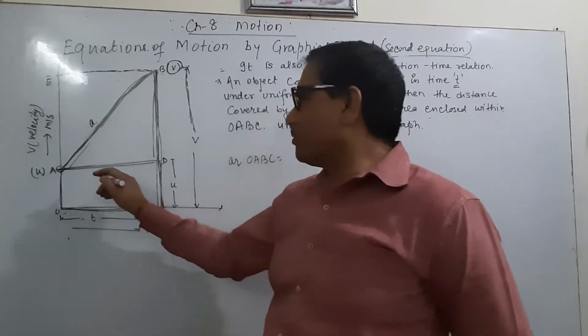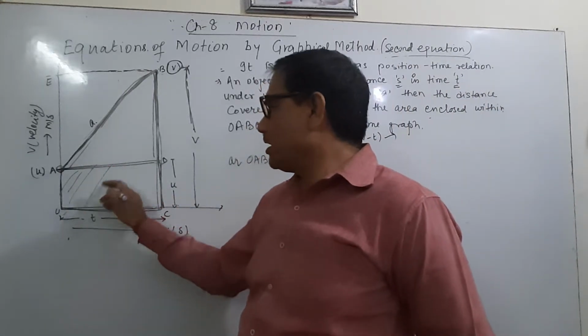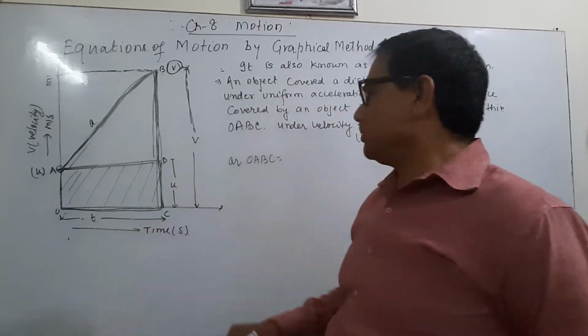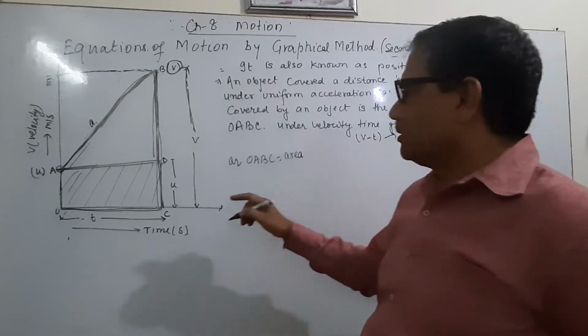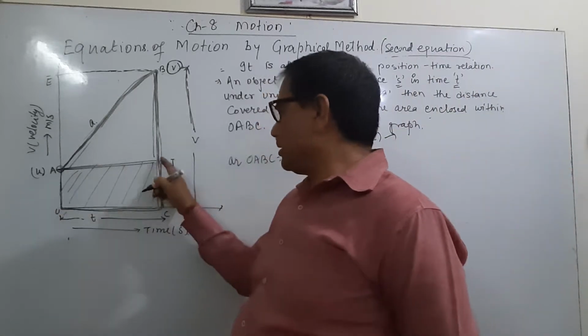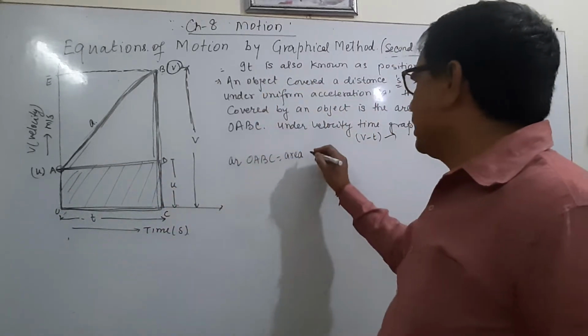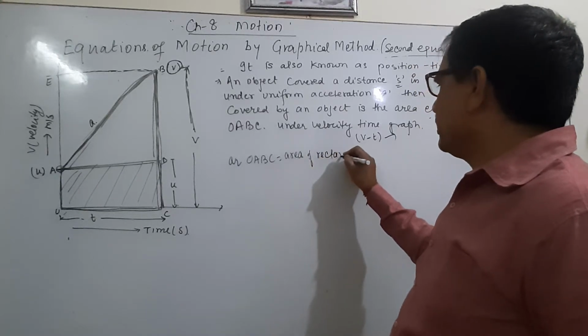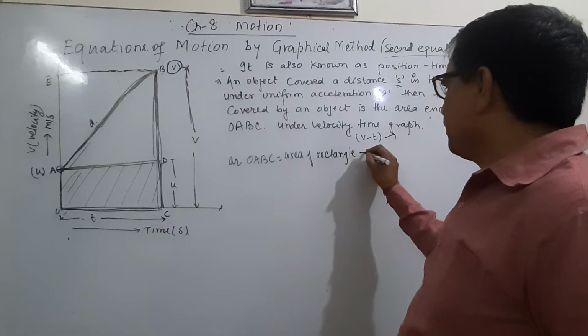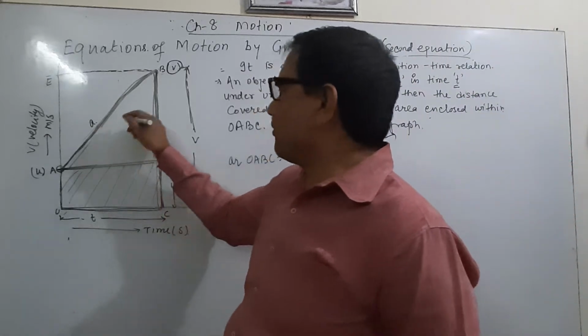This area is equal to, what is this? Area of OADC, it is a rectangle. Area of rectangle plus, what is this?